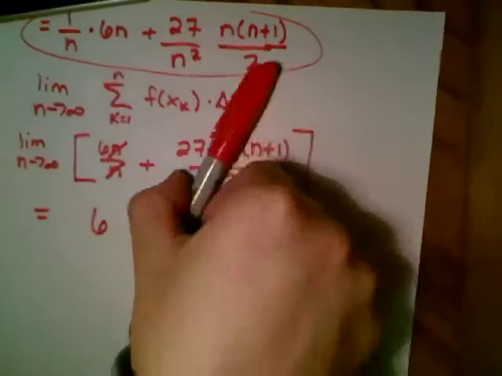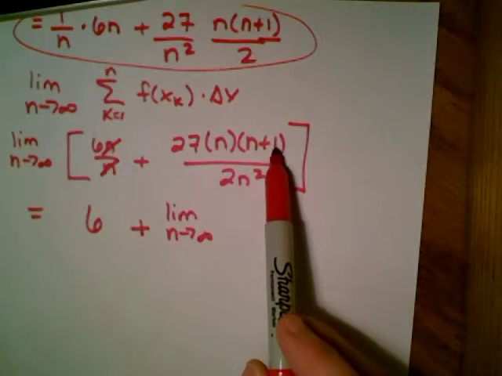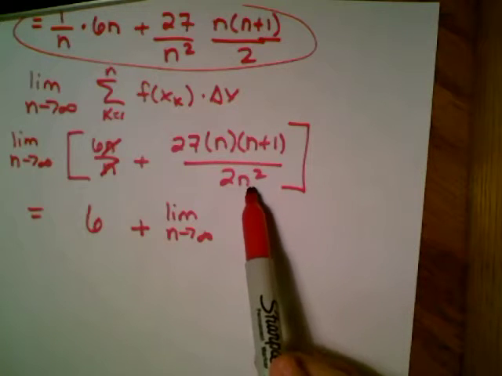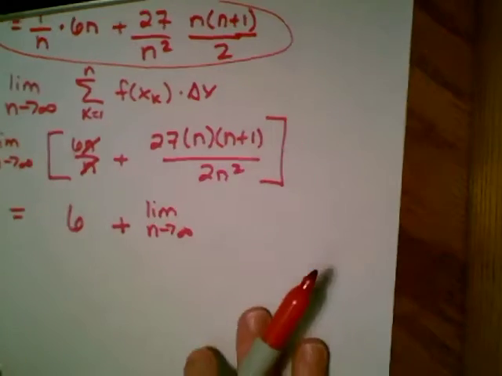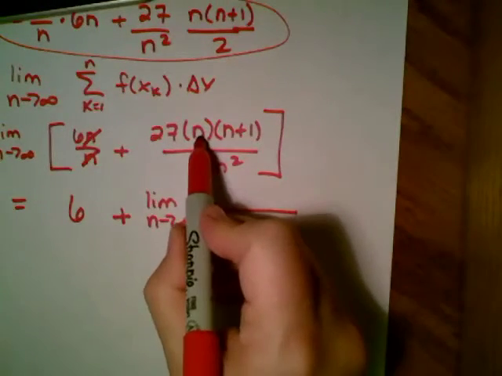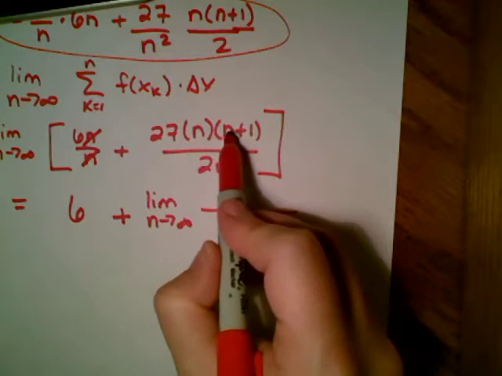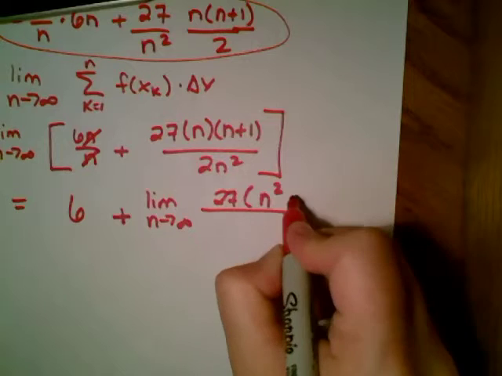Now upon inspection, we can see that we have a quadratic polynomial in n over a quadratic. If we don't see that right away, we can multiply through. n times n is n squared, and n times 1.